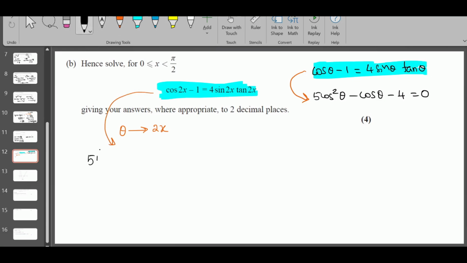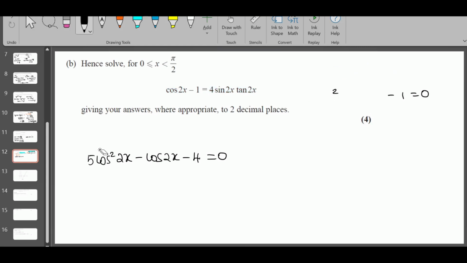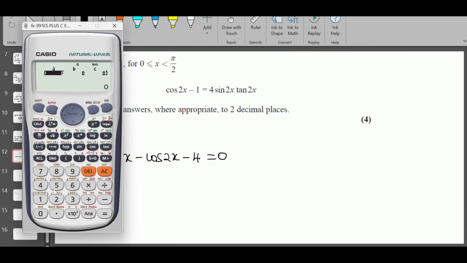So 5 cos square 2x, you don't need to show any working, you can straight away write this, minus cos 2x minus 4 is 0. You don't need to show all this working, which is a quadratic. I'm going to solve it now. 5 minus 1 minus 4.